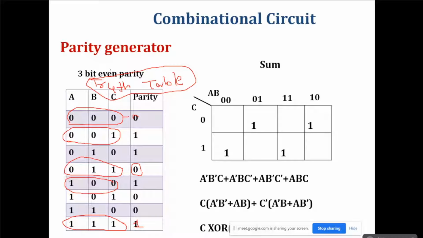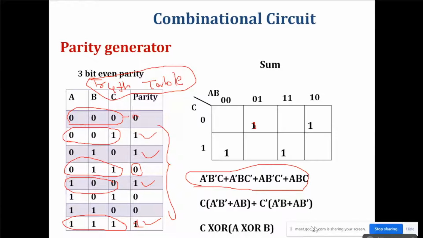So according to this, we will see now for what combination the parity is 1 and for what combination it is 0. So we will try to solve using the K map. This is the K map, and if we solve this, it came out as C XOR A XOR B. Okay, so we just require 2 XOR gates.